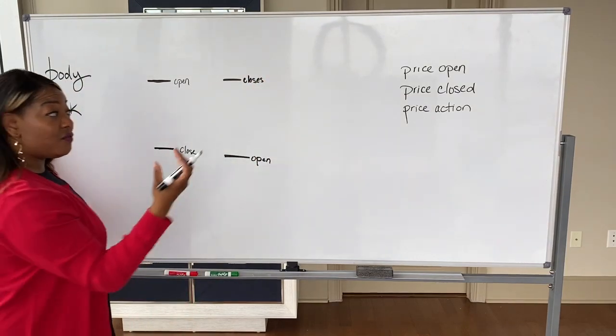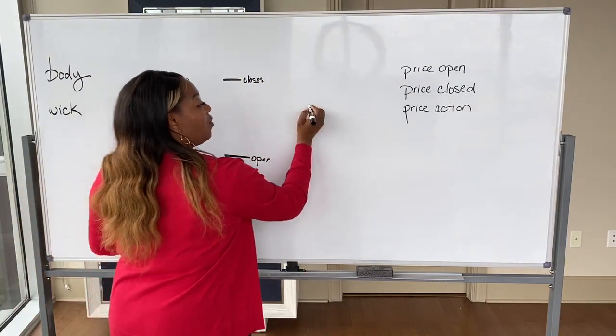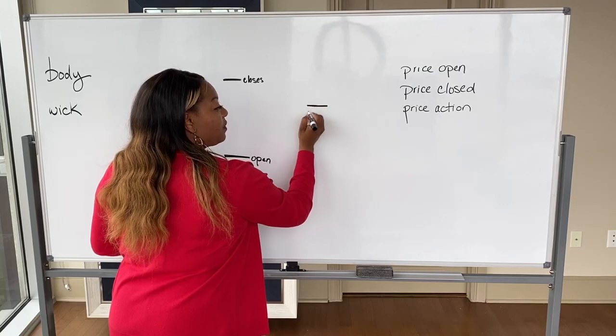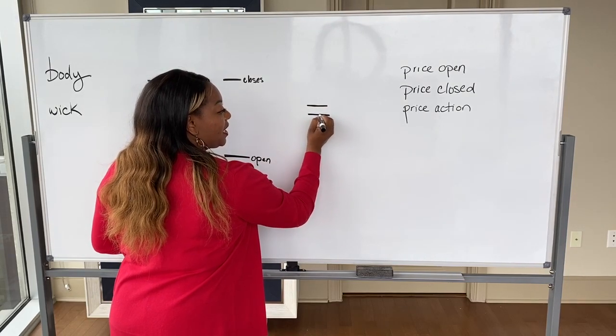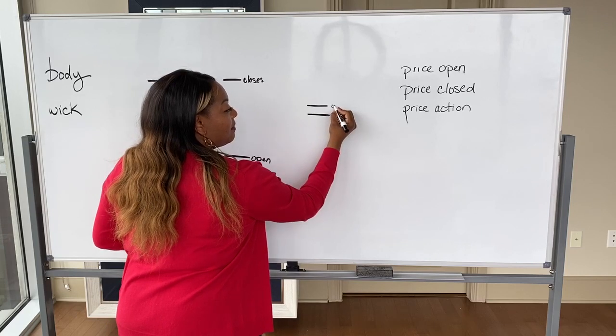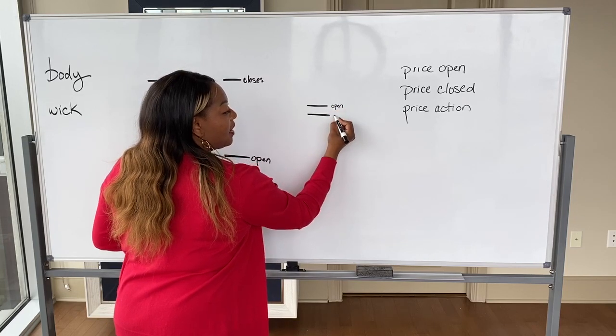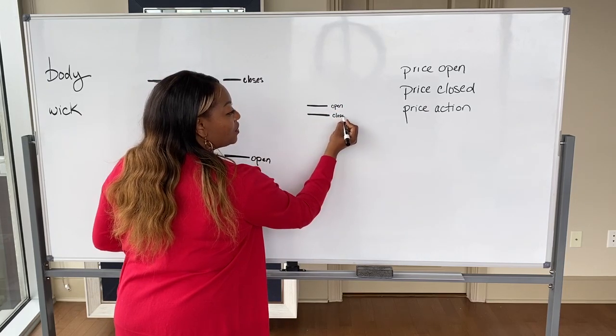And sometimes you have really small candles where they almost open and close around the same level. Sometimes you see a candle that looks like this, where it opened here and then closed a little lower, but not too much lower.